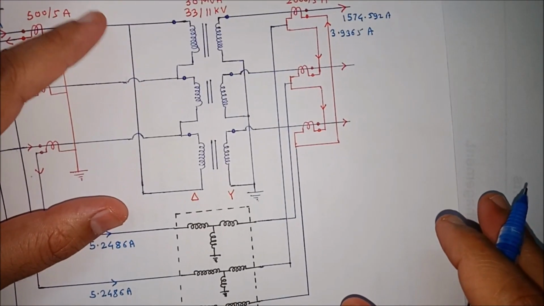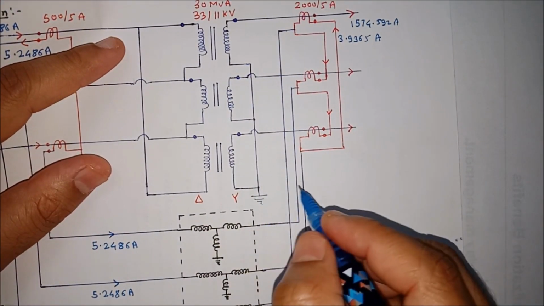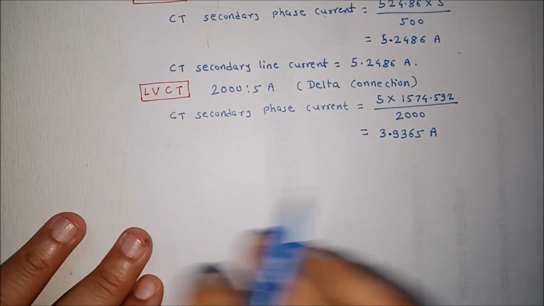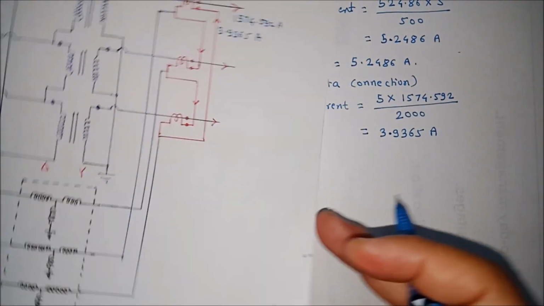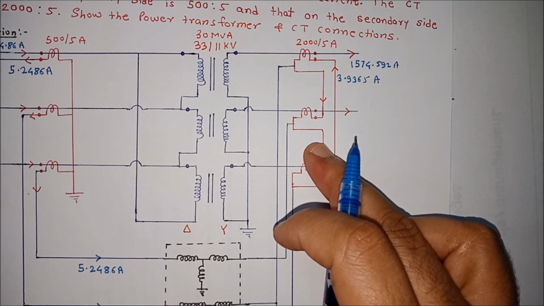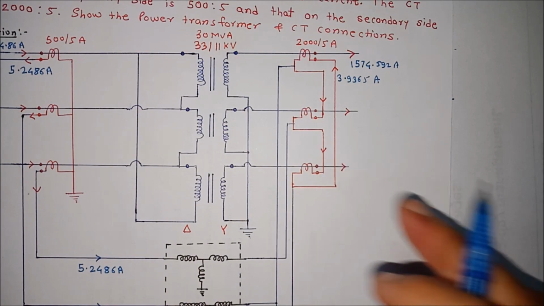But what we are interested in is the line current. How much is this current, that we want. How can we determine the line current? As you can see, these CTs are connected in delta fashion, and you know for delta connection the line current is √3 times the phase current.